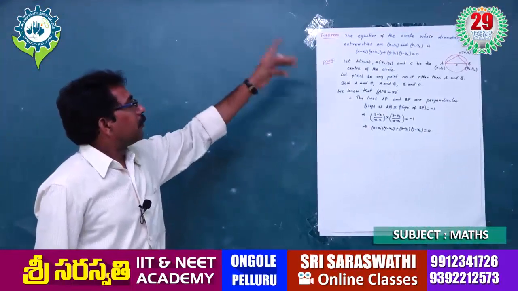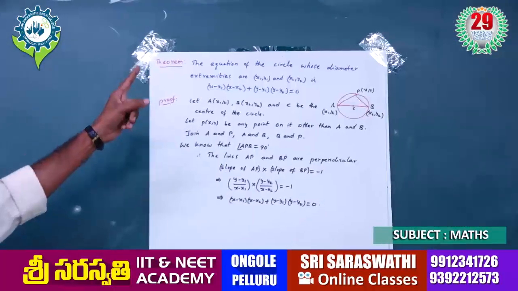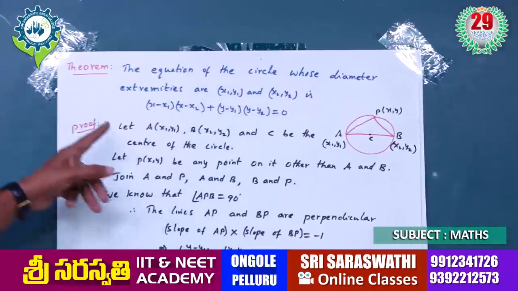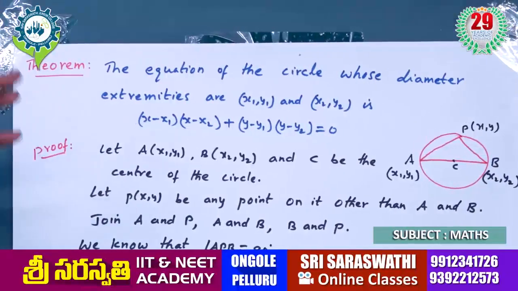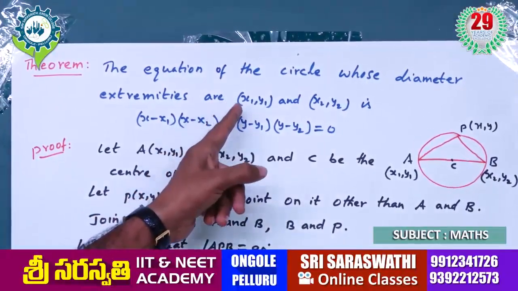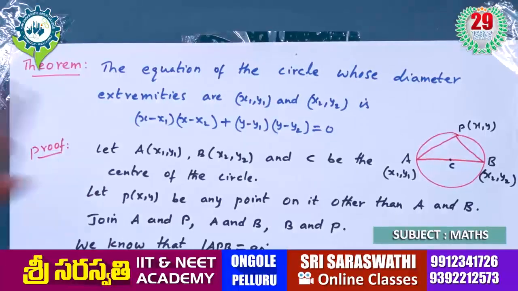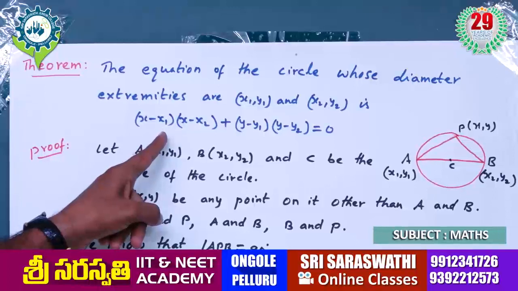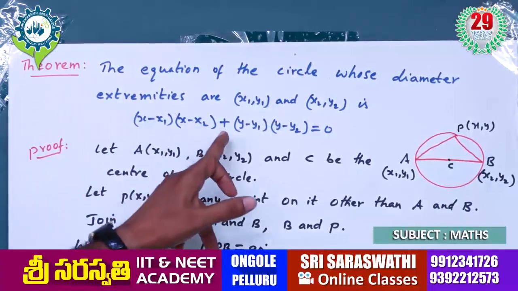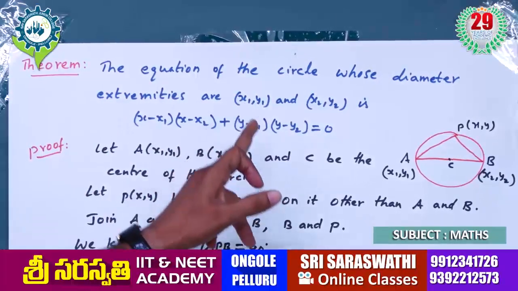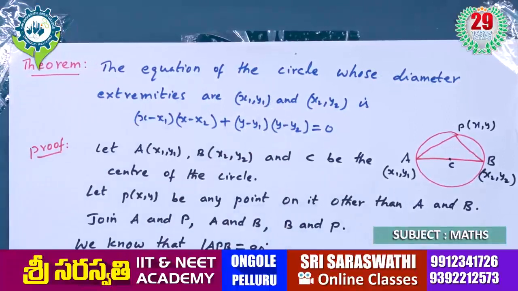One small theorem. The equation of the circle whose diameter extremities, means diameter endpoints, are x1 comma y1 and x2 comma y2 is x minus x1 into x minus x2 plus y minus y1 into y minus y2 is equal to 0.